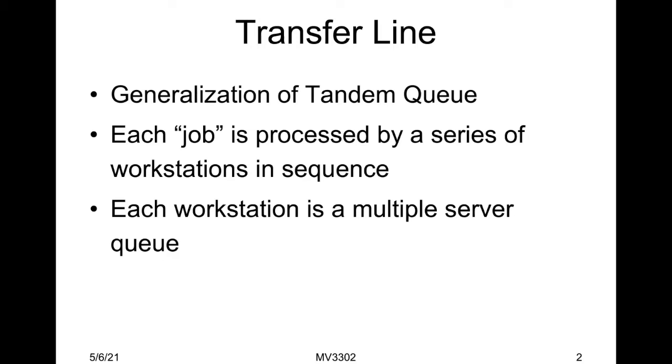Okay, so the idea here, motivated by certain types of fabrication processes, is that we have a series of workstations in a particular sequence. And each workstation is like a multiple server queue. Now, we often think of the assembly line. This isn't quite like an assembly line, because in an assembly line there really is no queue.